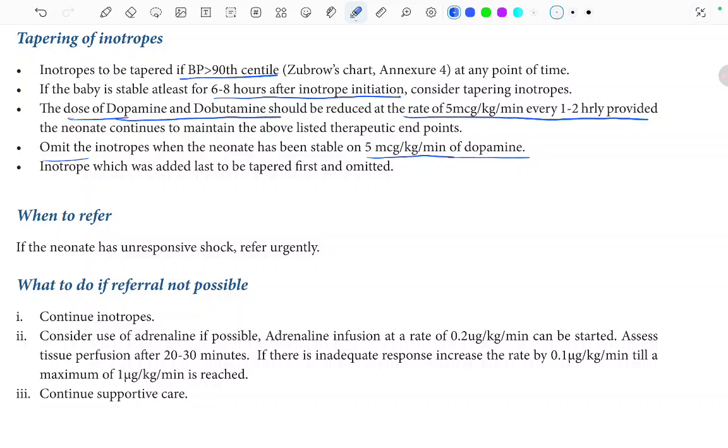So if referral is not possible, we can use adrenaline, starting at 0.2 microgram per kg per minute, and the maximum is 1 microgram per kg per minute, increasing at 0.1 microgram per kg per minute.